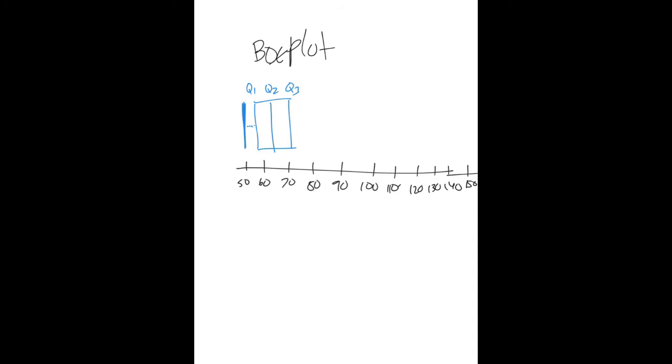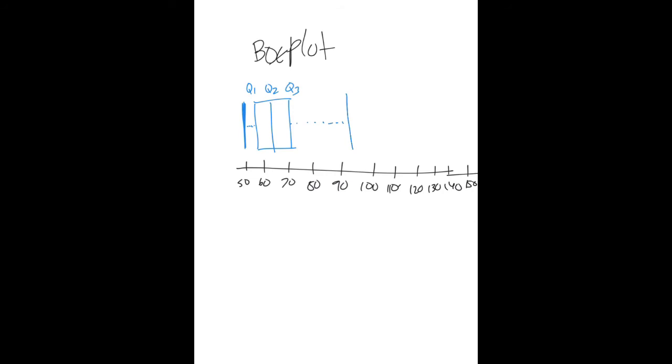Now we need the upper limit of our data set without our outliers, and that would be Q3 plus 1.5 times the interquartile range, which is equal to 96.25, which would be there. This would be the upper limit of our range where we don't have outliers.